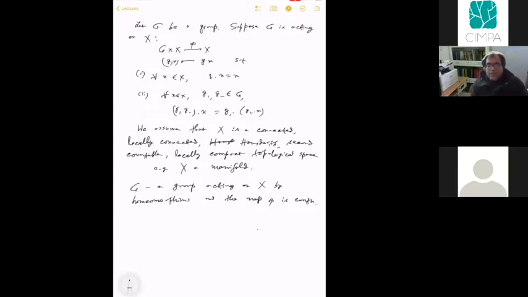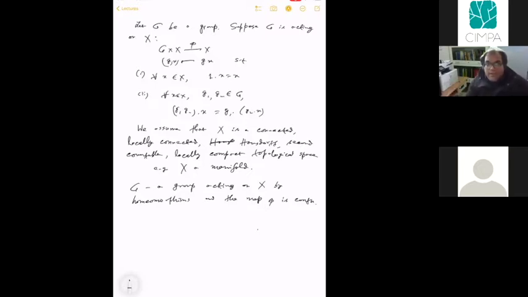So you can assume all these. That means you can give G a topological structure. And you can also think of G as a topological group coming from this action. But we will not assume anything other than this at the moment.